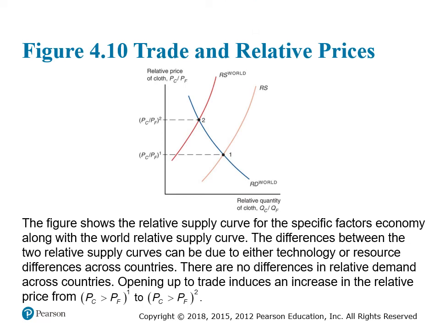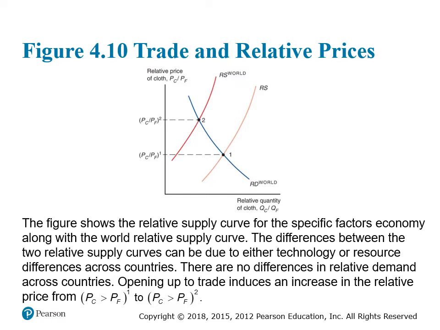So in this slide, we already talked about point one, which is the intersection of relative supply and relative demand, but we talked about it at the local market or country level, where this was the price and at this point was the quantity being produced within the country.